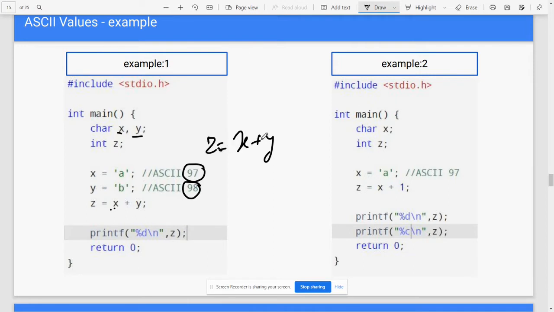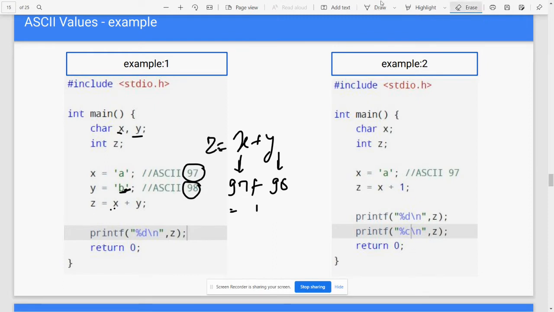If you do this operation x plus y, what will the computer do? It will take the ASCII value of x, which is 97, and then it will take the ASCII value of y, which is 98, the ASCII value of b here. It will add these two things and give you the output, which is an int.